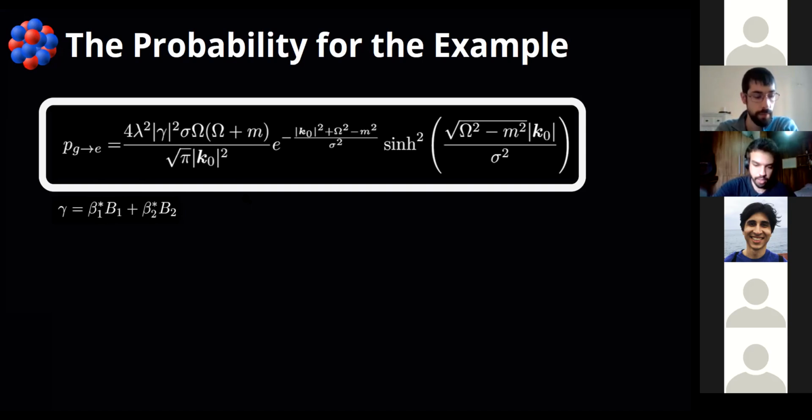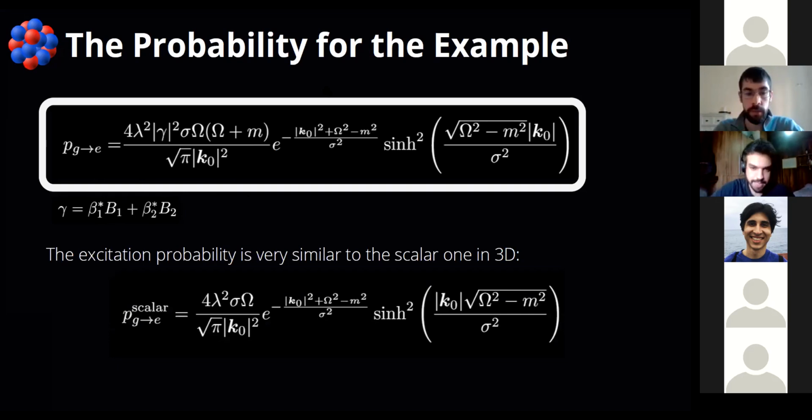And actually, if you compare this with the real scalar in 3D, look at this. This is the probability for a real scalar in 3D. So, I don't know how you call it in English, jogo dos sete erros. It's a spot the difference, maybe. It's very little, right? You see this omega plus m here, which is not present here. The units of the coupling constant are different.